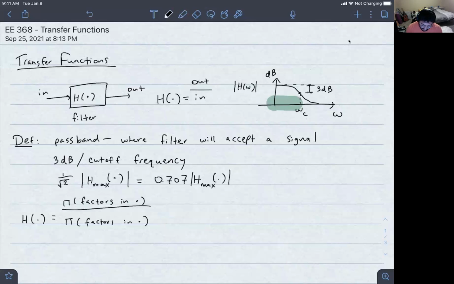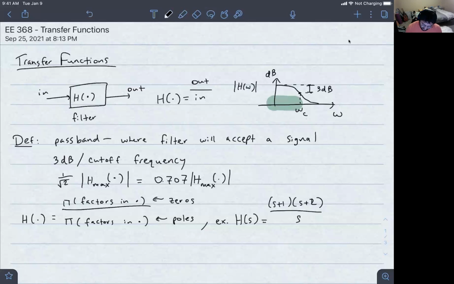Putting the transfer function in this form will allow us to extract zeros from the numerator and poles from the denominator. And take, for example, h of s equal to s plus 1 times s plus 2 divided by s.